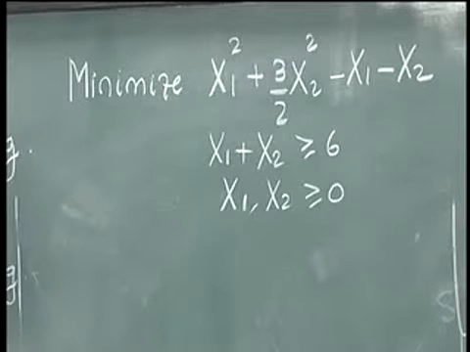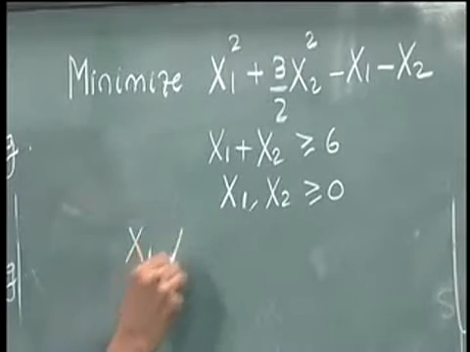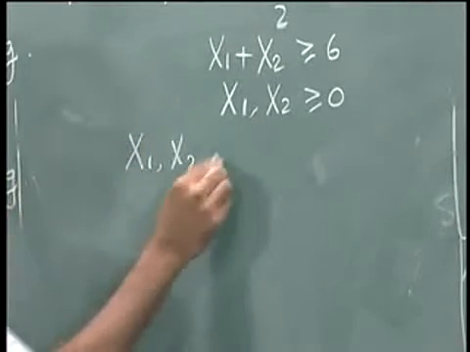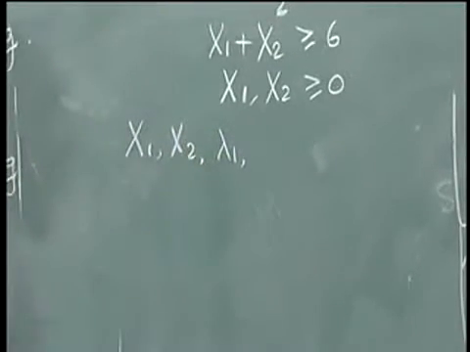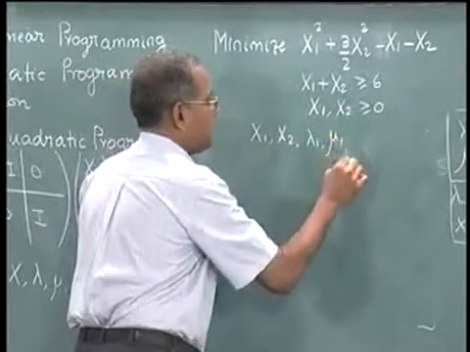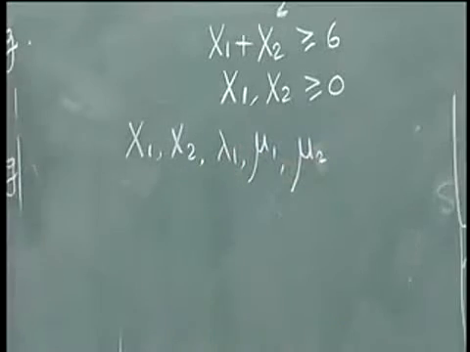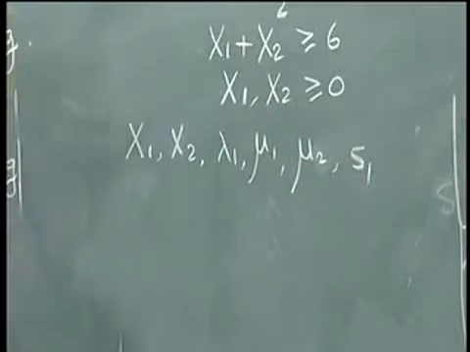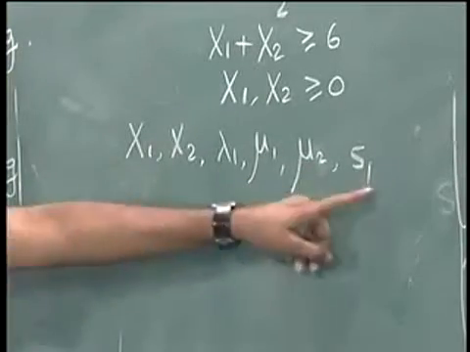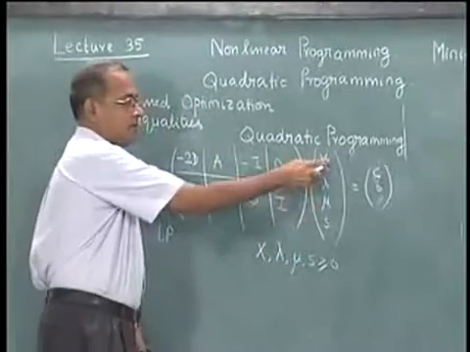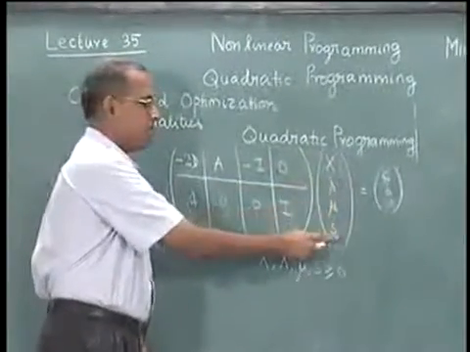Now there are two variables, so x1, x2 that we have. There is a single constraint, so there is a lambda 1. Since there are two variables x1 and x2, there are two Lagrangian multipliers mu1 and mu2, and since there is only one constraint here, you get a s1. So these will be the set of variables that we will have for x, lambda, mu, s: x1, x2, lambda 1, mu1, mu2, s1.